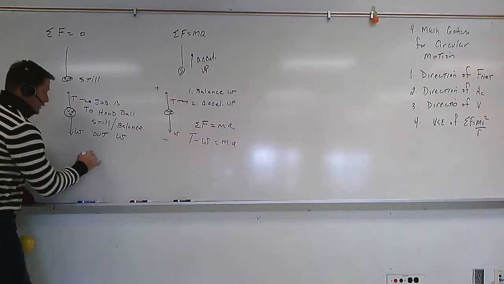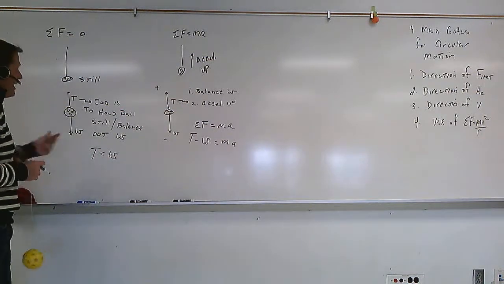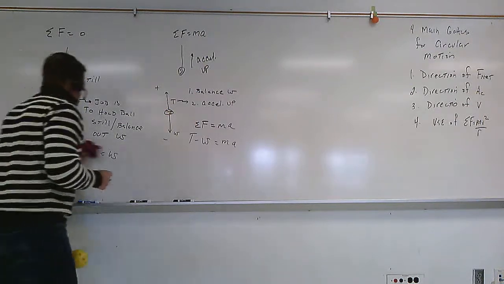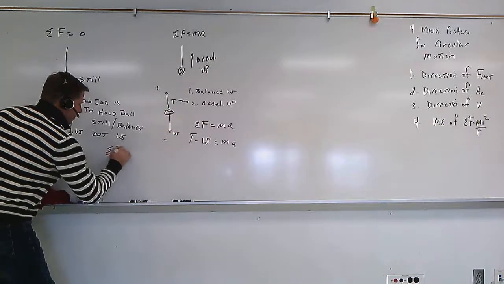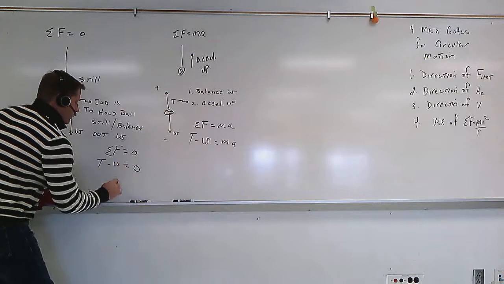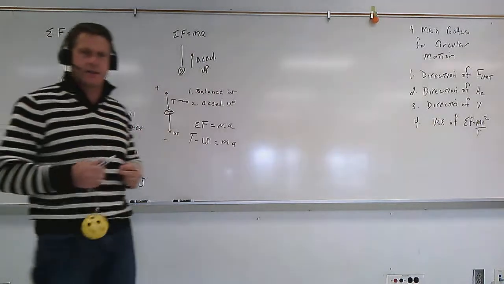Over here, we know that T equals W. Why does T equal W? Because the sum of the forces is equal to 0. Let's make that a little bit cleaner so we have a direct comparison. Sum of the forces equals 0. T minus W equals 0, so T equals W. Relatively self-explanatory at this stage.